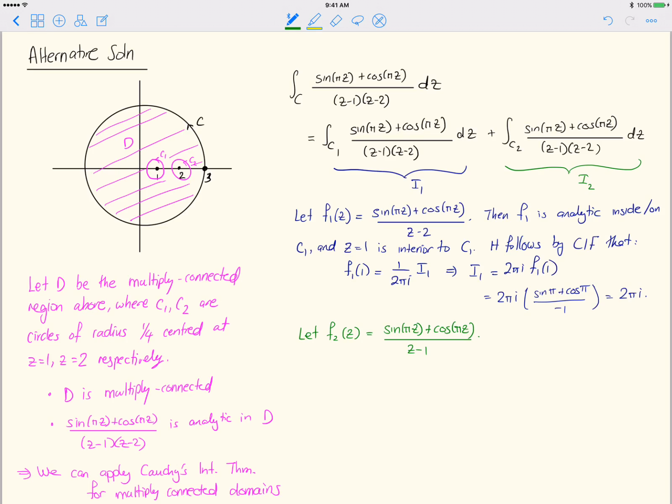The idea here is that now f2 is going to be analytic in C2. And moreover, z equals 2 is going to be interior to C2, again, it's just its center.